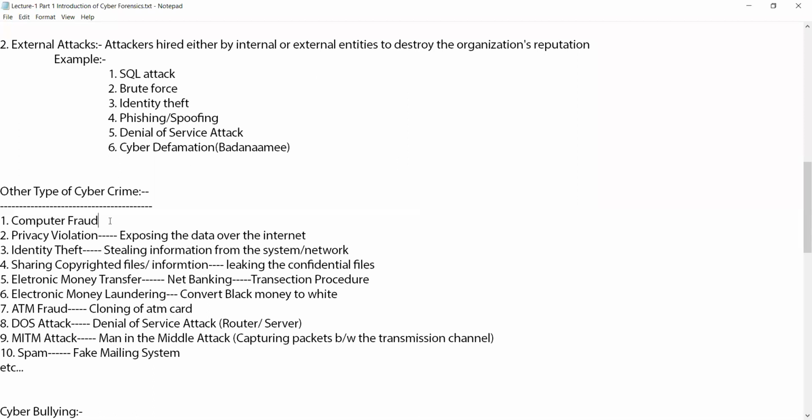In that scenario, you will face trouble once you buy that computer. In that case, the cyber criminal has performed the type of fraud called computer fraud.